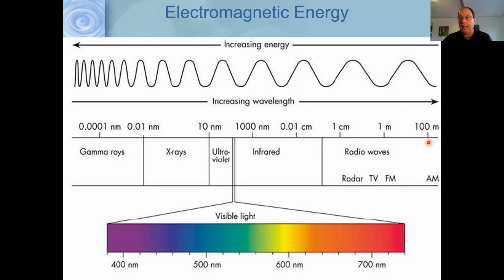Well, it turns out that when you get down to all of these different sources of electromagnetic energy, and we get down to the only type of electromagnetic energy we can see with the naked eye, that wavelength is so small, we measure it in a billionth of a meter, called a nanometer.